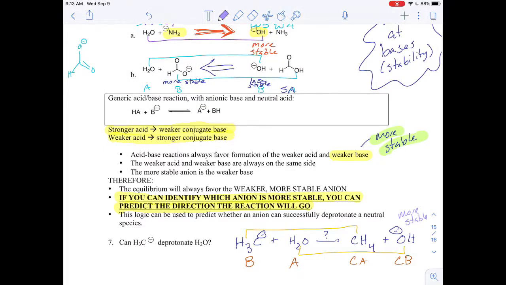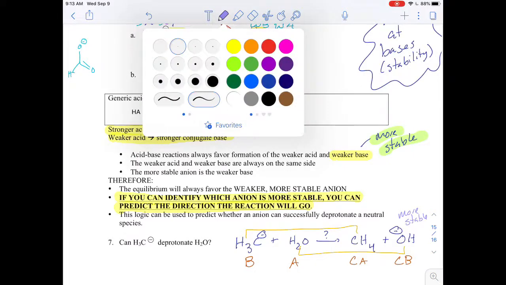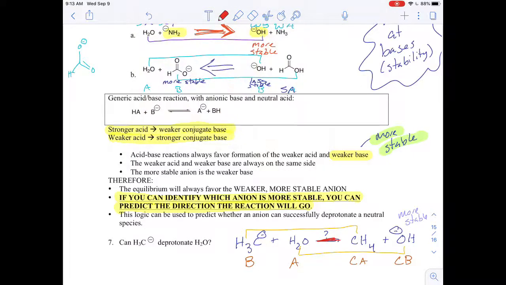So what does that mean? That means that the reaction is going to be driven to the right. So the answer is yes, it can deprotonate. It's going to take an H and add on to it because it is more favored. This is the favored compound to be created.